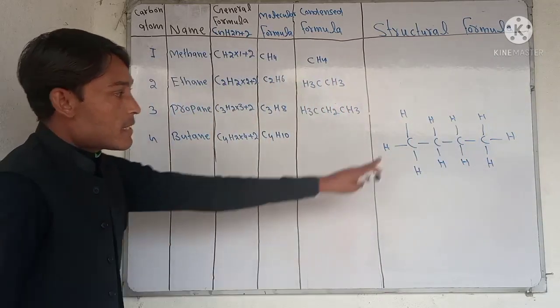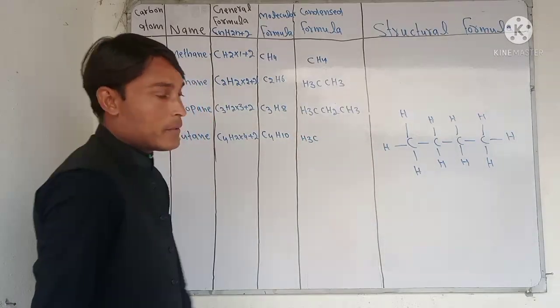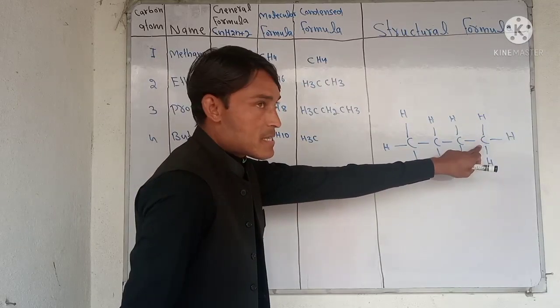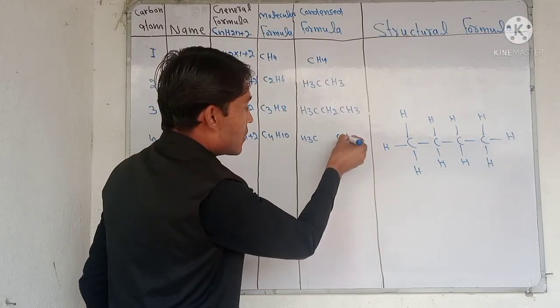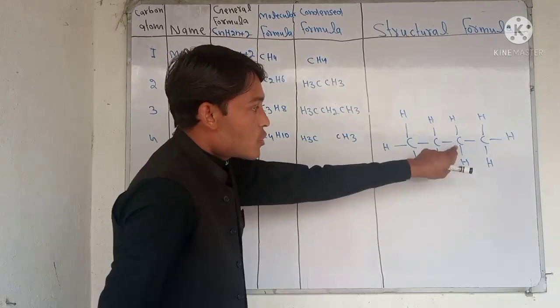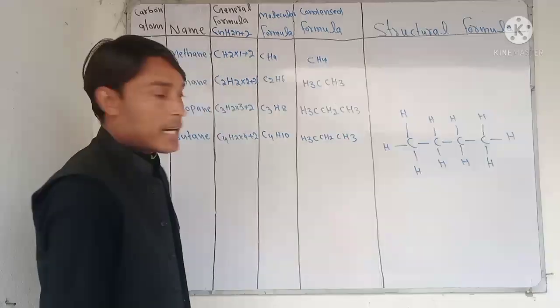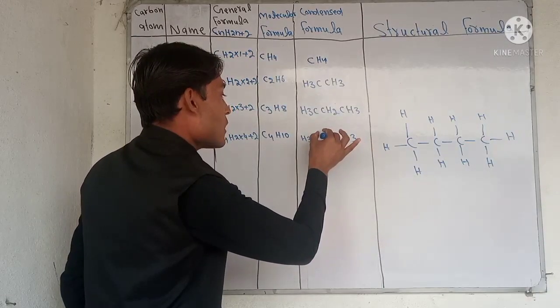So now we can say H3C. Then just write CH3, and then 2 are remaining in the middle, each with 2 hydrogens, so 1 and 2, so we can write CH2, but we need a bracket as well because that number is what?